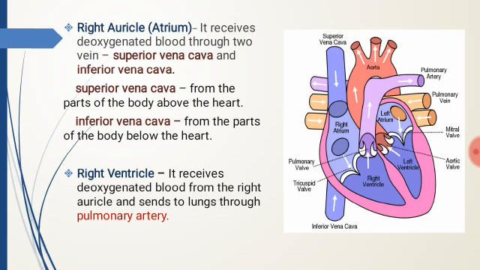Right ventricle. It receives deoxygenated blood from the right auricle and sends it to the lungs through the pulmonary artery. You can look at this picture: 2 veins, the superior vena cava and inferior vena cava, are connected to the right auricle.